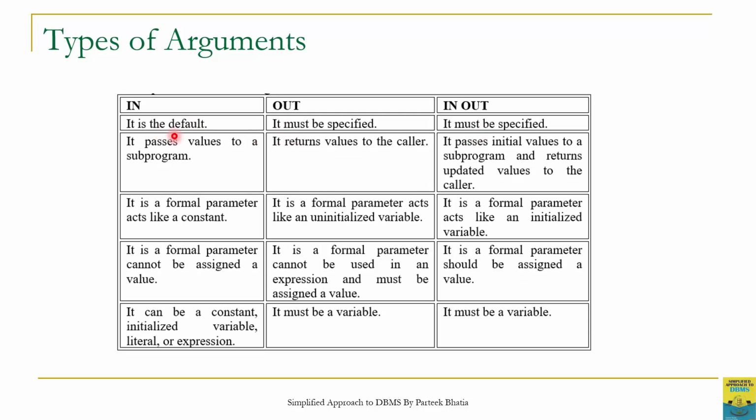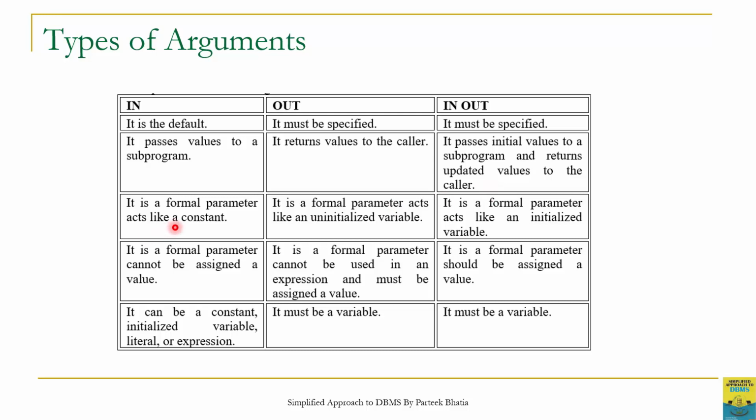It is important to note that in is the default type of the argument, while out and in out must be specified. In is used to pass the value to a subprogram, while out is used to return a value to the caller. In out passes initial value to a subprogram and returns updated value to the caller.